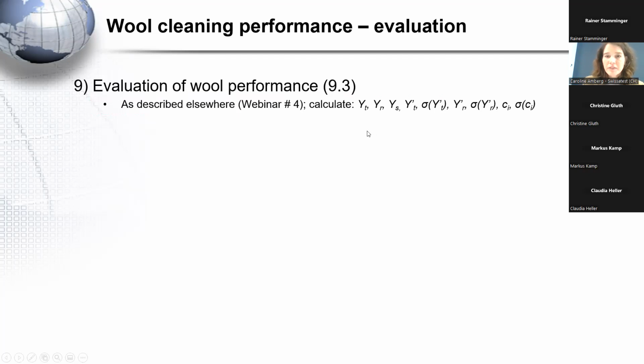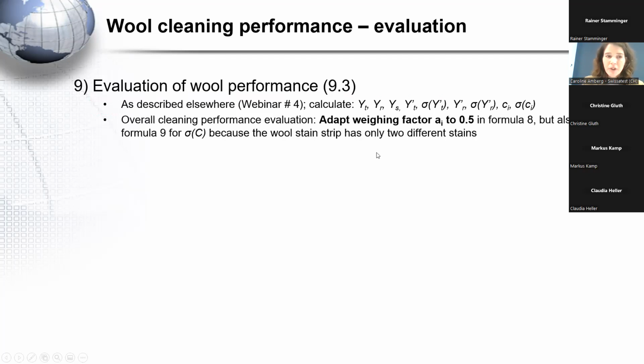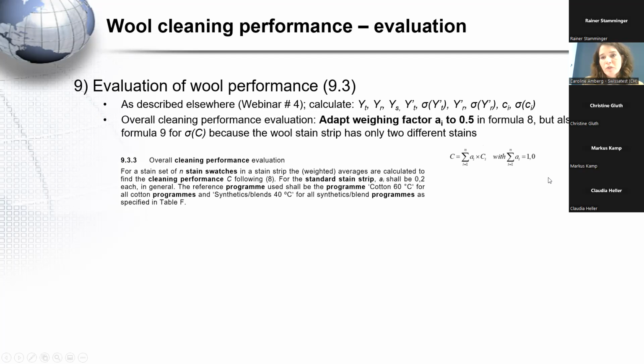So you calculate the same values. The only difference is that the weighing factor is different for the wool cleaning performance, because we have only two different soils, so two swatches on the strip. So it's 0.5 instead of 0.2 for the standard stain strip. So Formula 8 has to be adapted.